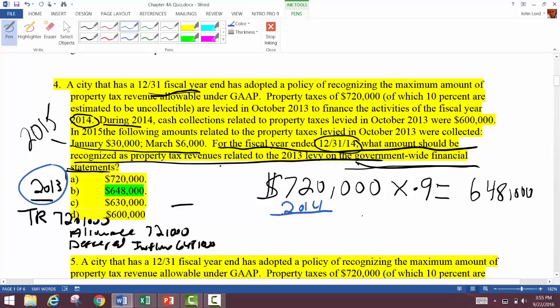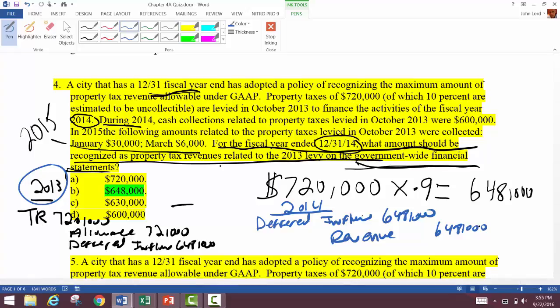Use can begin in 2014. So in 2014, we do what? Debit the deferred inflow for what? 648,000? And credit the revenue, right? For 648,000 because use may begin now, right? Right? Okay.